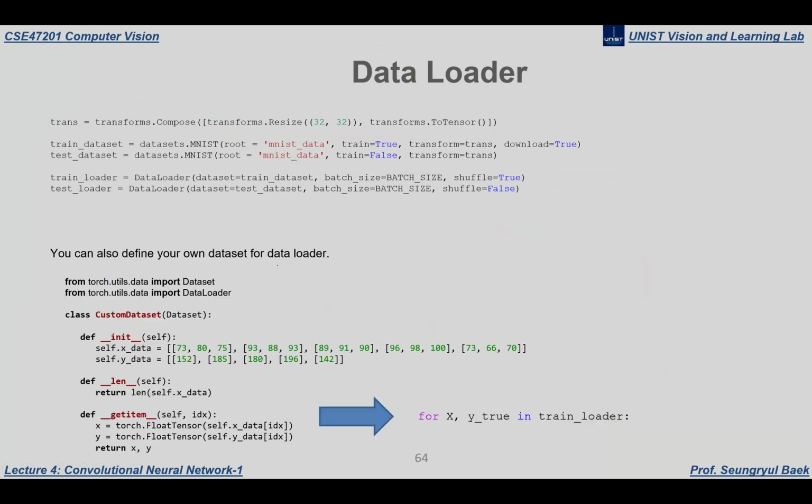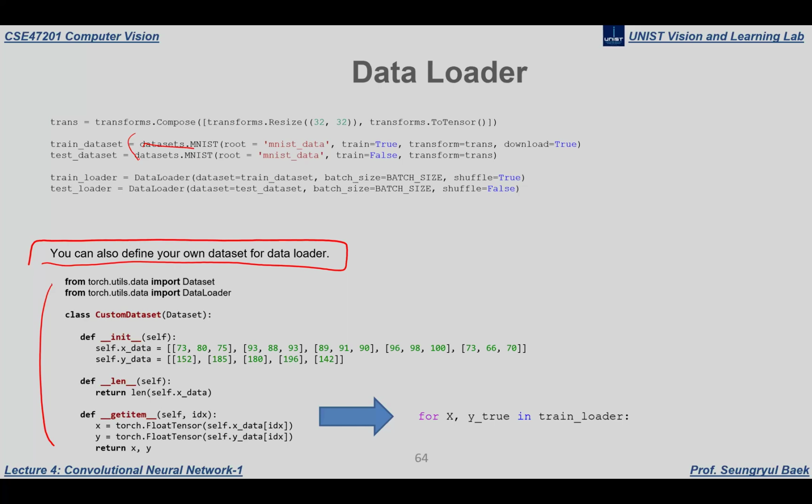So this is the dataset provided by PyTorch, okay? But the thing is, you sometimes want to use your own data for training and testing. And in that case, you have to define your own dataset. Famous datasets like MNIST, ImageNet or CIFAR are already contained in PyTorch.